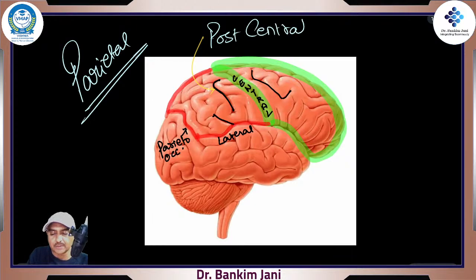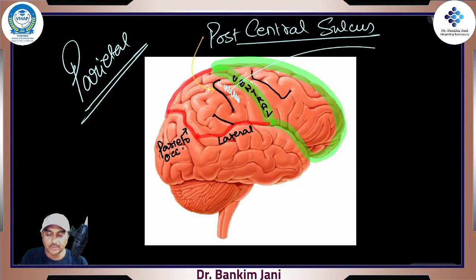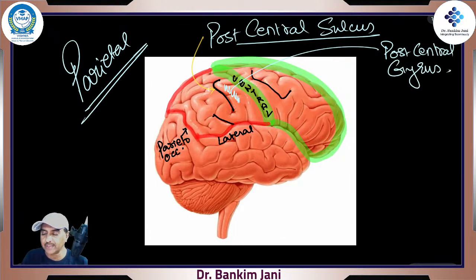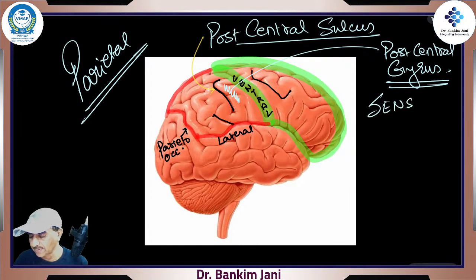So the postcentral sulcus, the area which is present in between over here, that would be the post-central gyrus, right? And this post-central gyrus is associated with sensory, right? So here it is sensory.